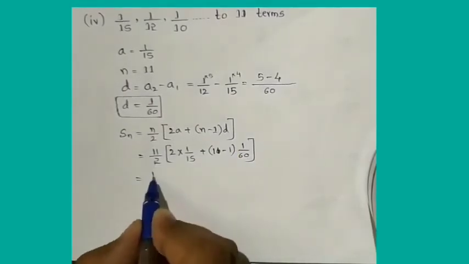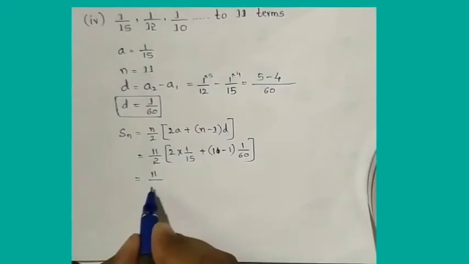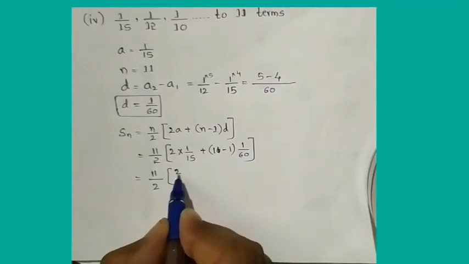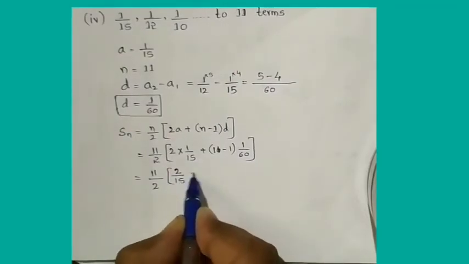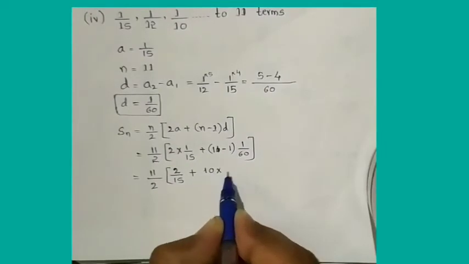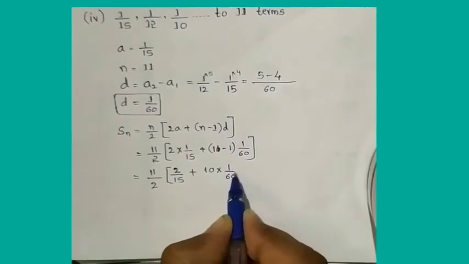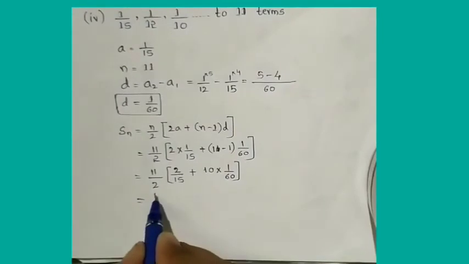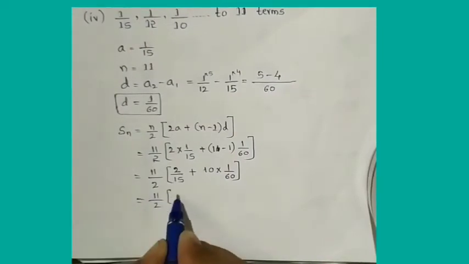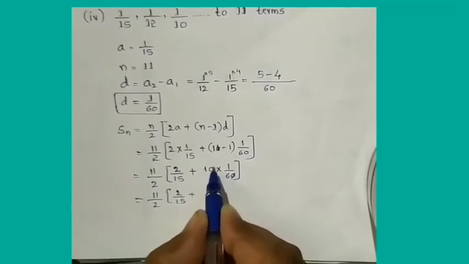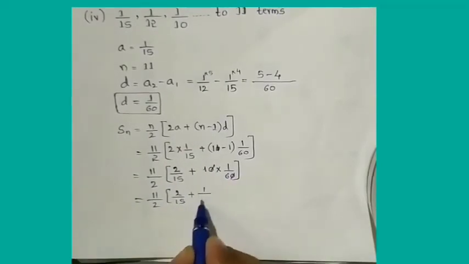Keep the fraction like that only. It is 11 by 2, into 2 by 15 plus 11 minus 1, that is 10 into 1 by 60. So now 11 by 2, 2 by 15 plus, here the 0 and 0 will get cancelled, so it will be 1 by 6.